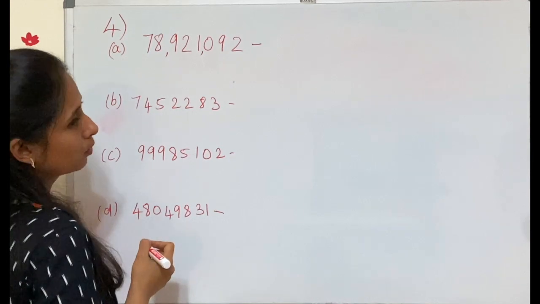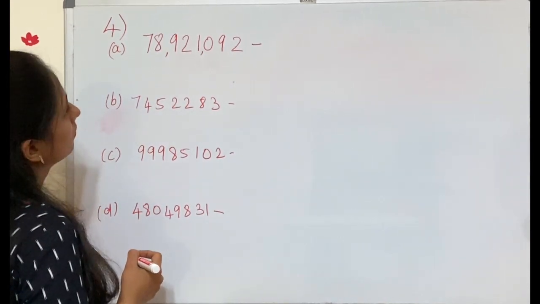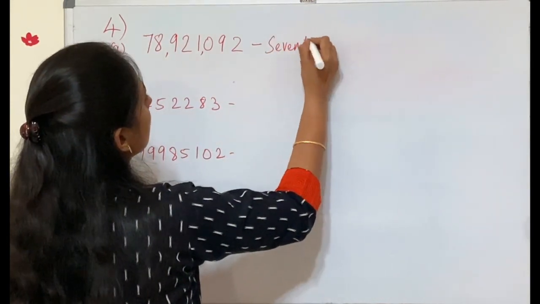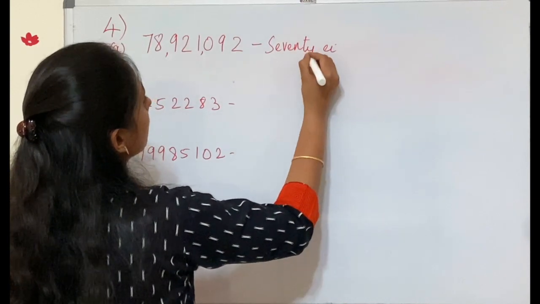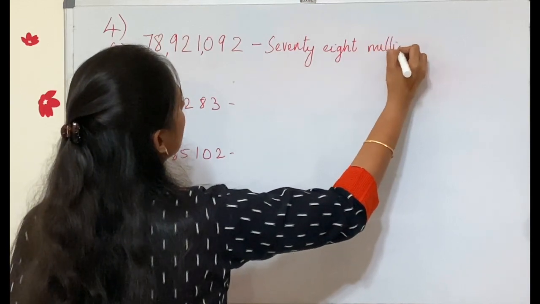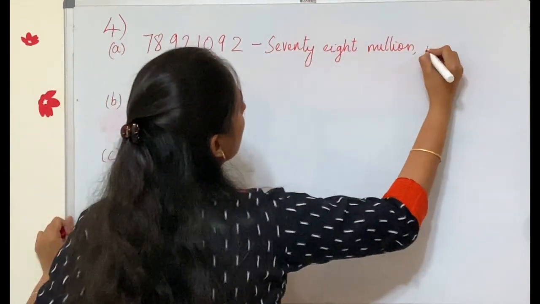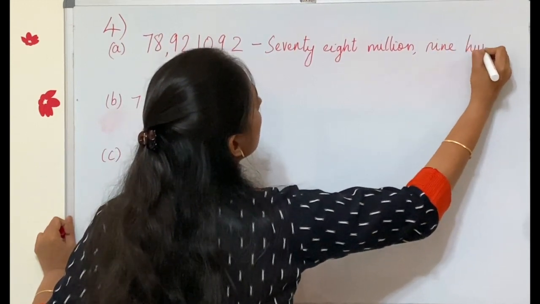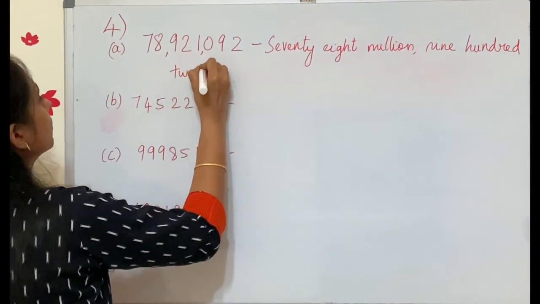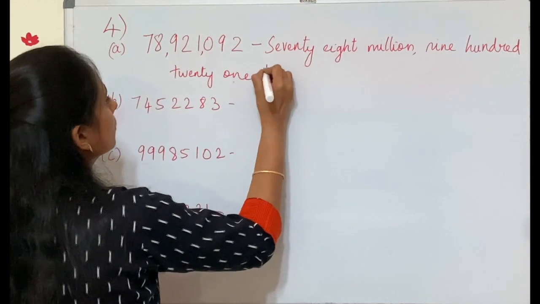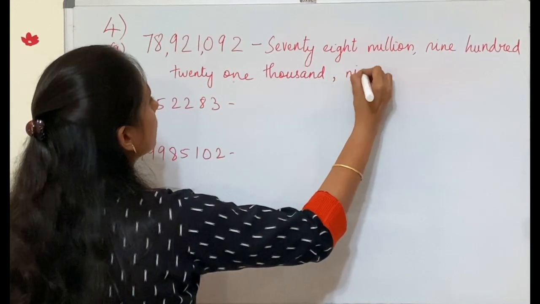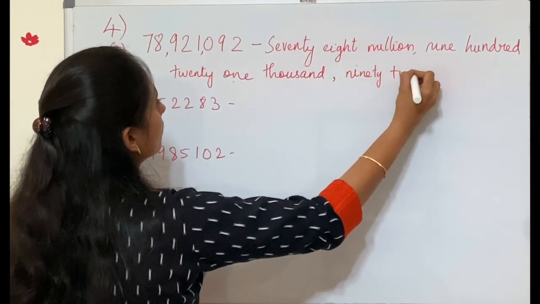Yes, can you tell me the number name, Tarun? 78,921,092. Okay. 78,921,092.